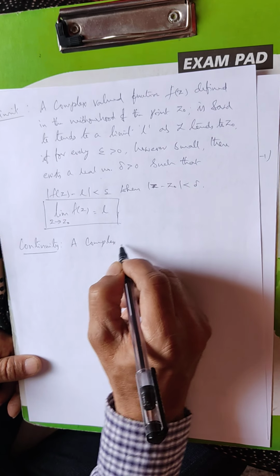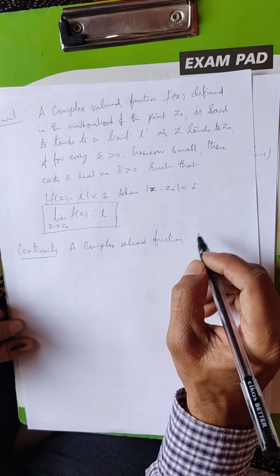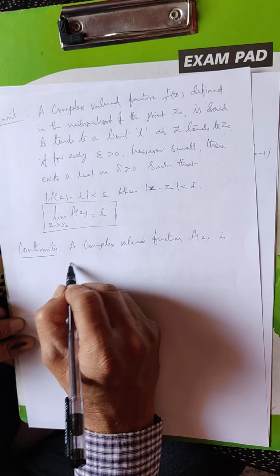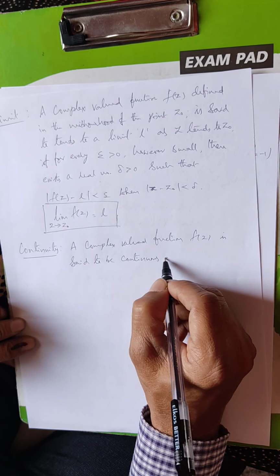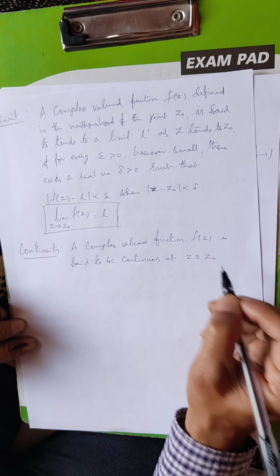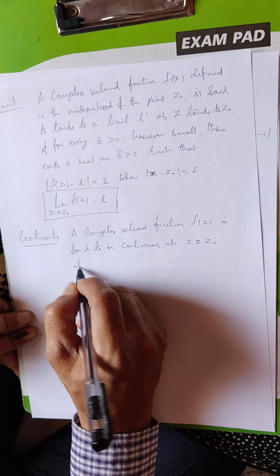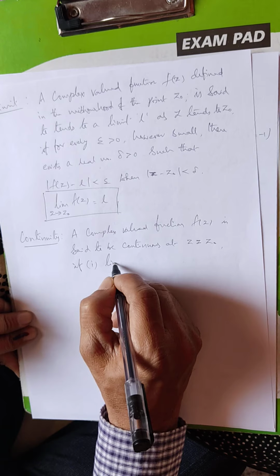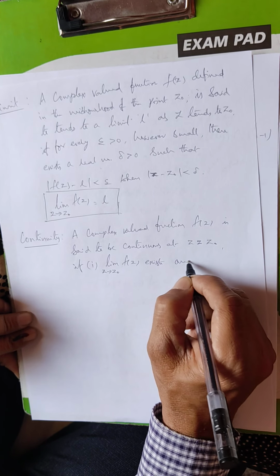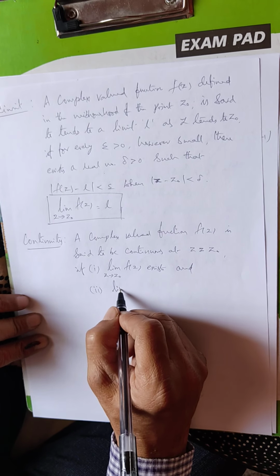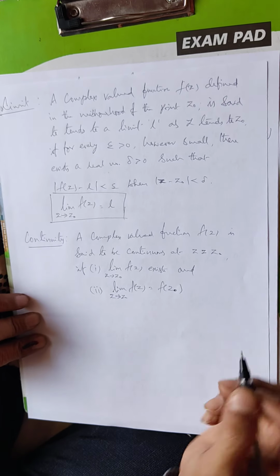A complex valued function f of z is said to be continuous at the point z equal to z naught if the first condition is that the limit of f of z as z tends to z naught exists, and the second condition is that the limit of f of z as z tends to z naught is equal to f of z naught.